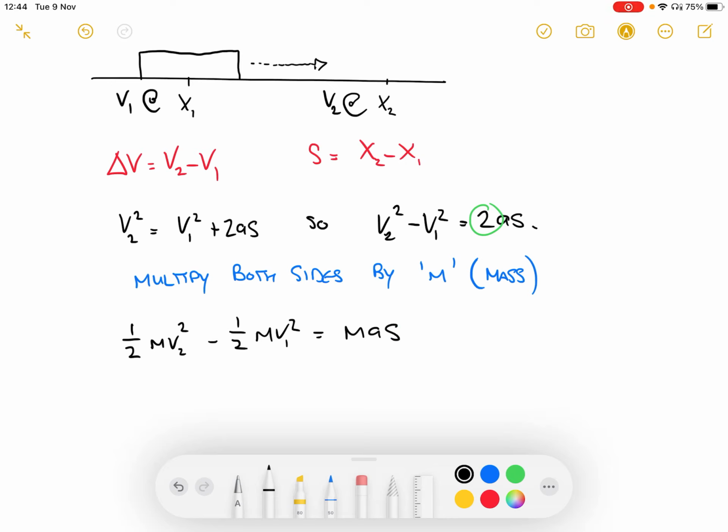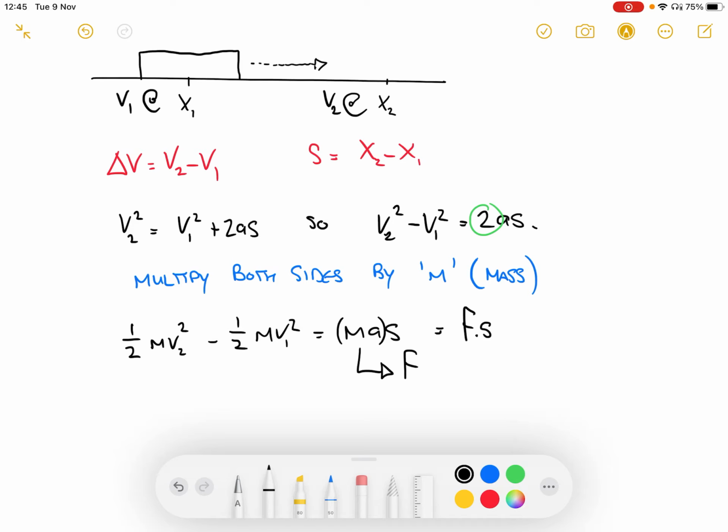Now we can make another substitution here, because we know from Newton's second law that mass times acceleration we can replace with force. So ma is equal to F, or F equals ma. And now what we have on the right-hand side is F times s. I've not put in my vector notation, my arrows on top of these quantities here, but it doesn't matter too much.